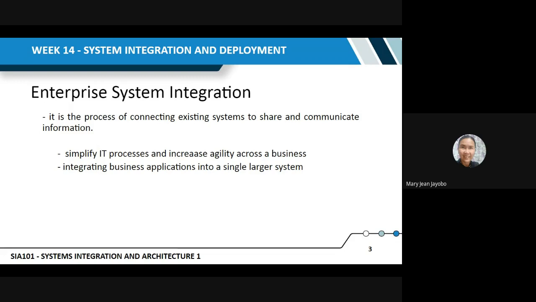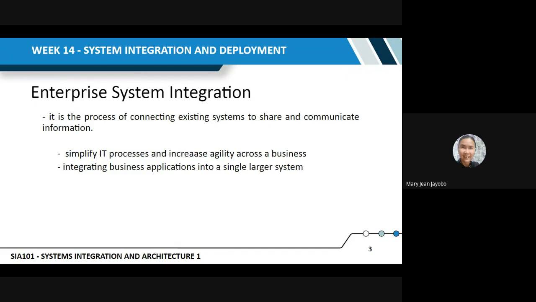So, for example, if I am the owner or the manager or the head of the sales department ng SM main, and I want to know how much is the sales ng Cebu, SM Cebu for the day, or I want to know what is happening sa finances ng SM Cebu, I can easily access that. I have the access to that.